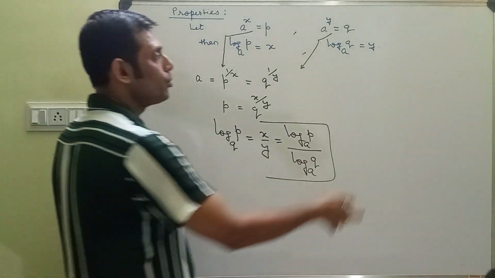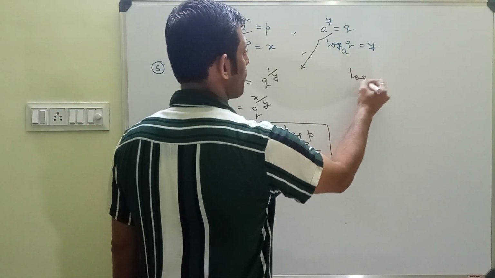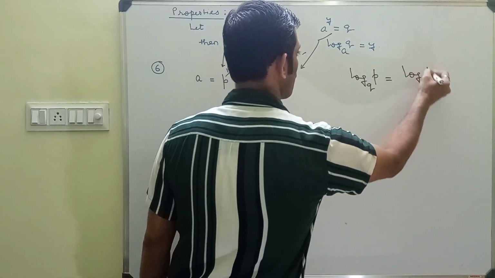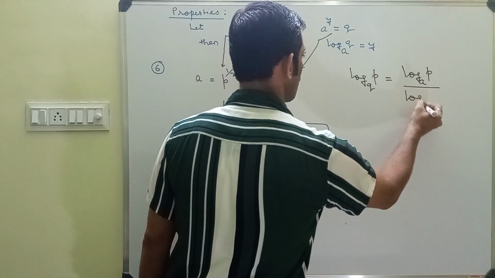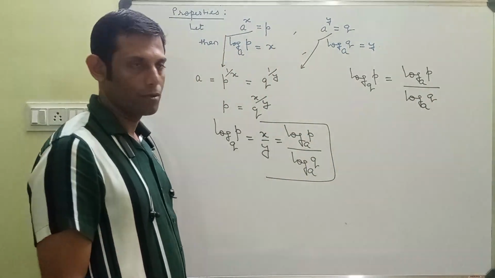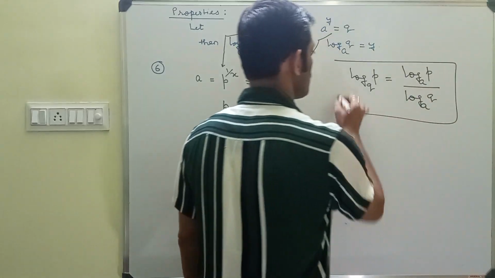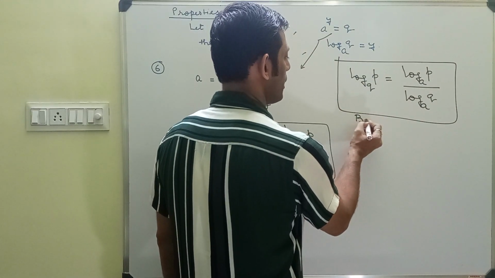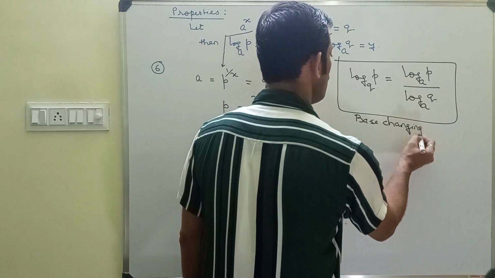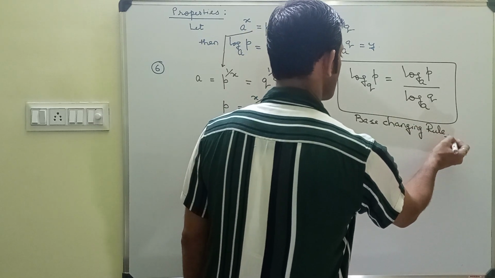Log p base q, the old base q, is equal to log p base a by log q base a, the new base a. Yes, this is the way we can change base. This is called the base changing rule.